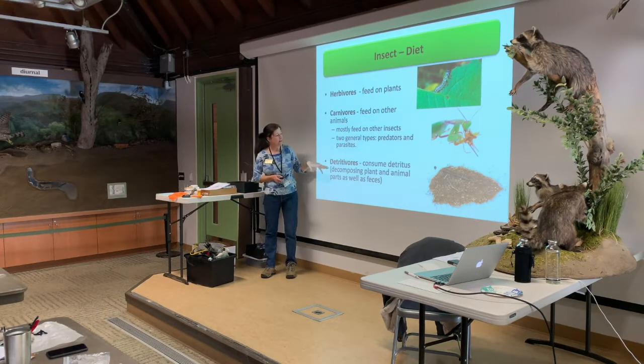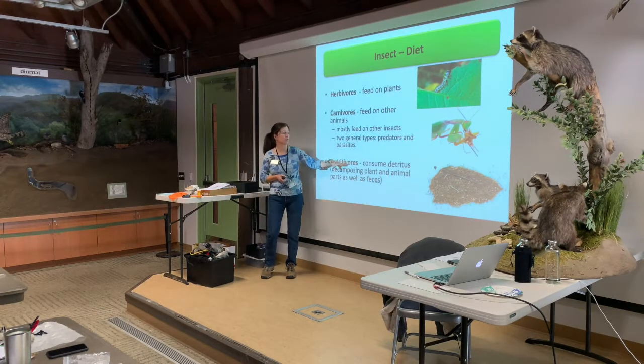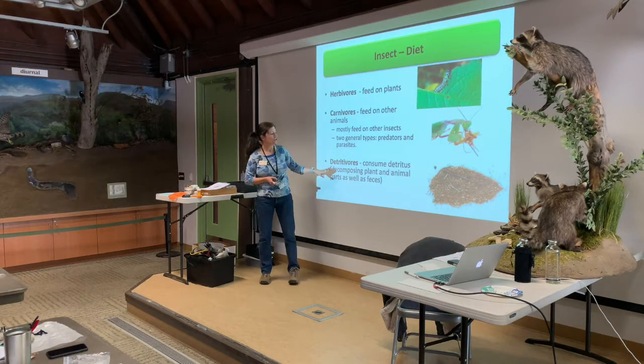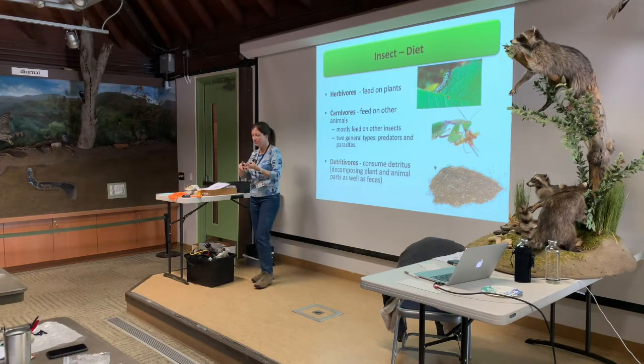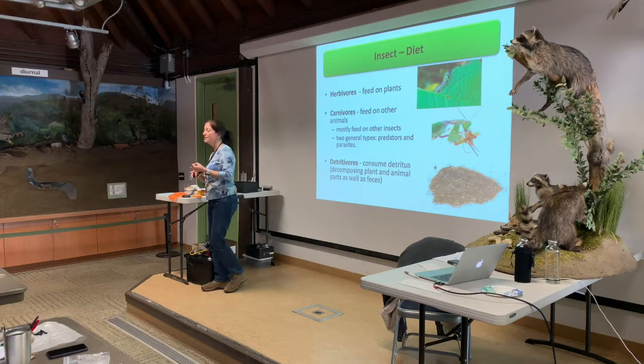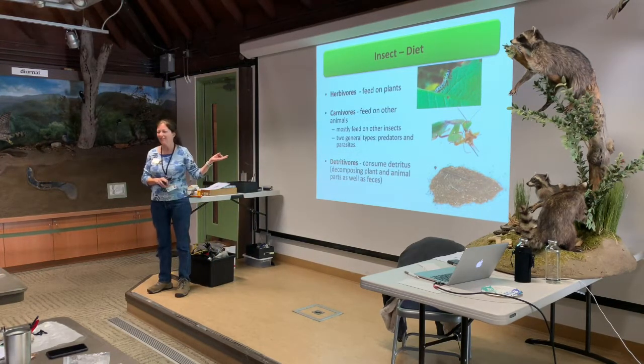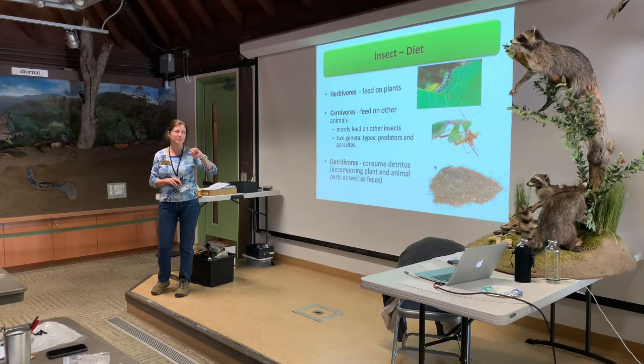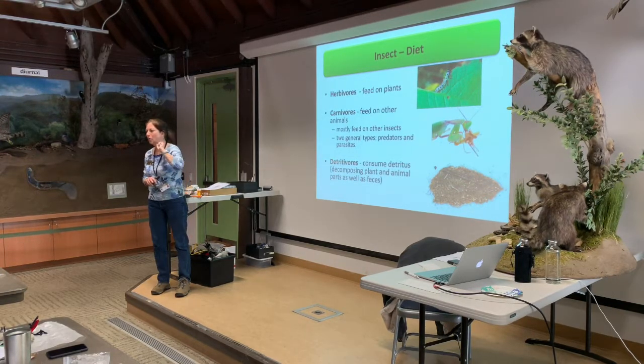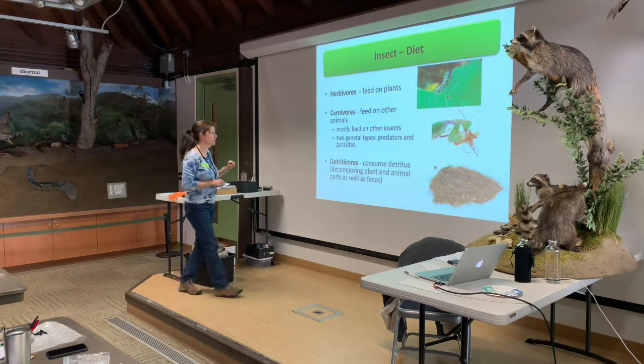And then those that consume all the junk that's left, the garbage eaters, the detritivores. They consume the detritus, the decomposing plant and animal material, and that includes the animal feces as well. So there will be specialized insects for different types of plant material or different types of waste material.